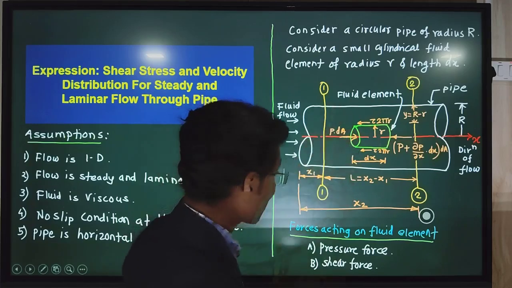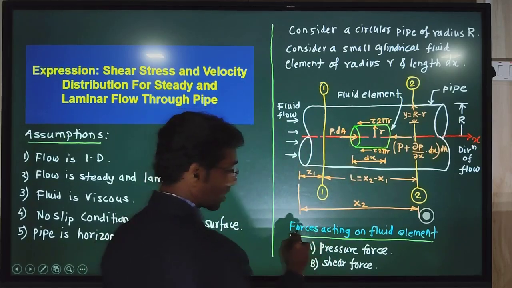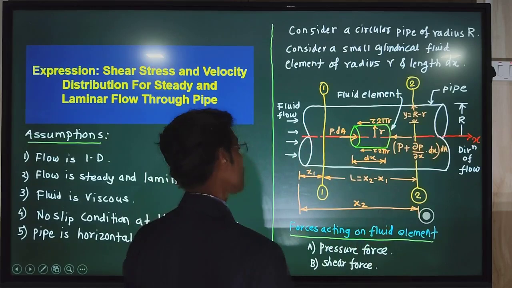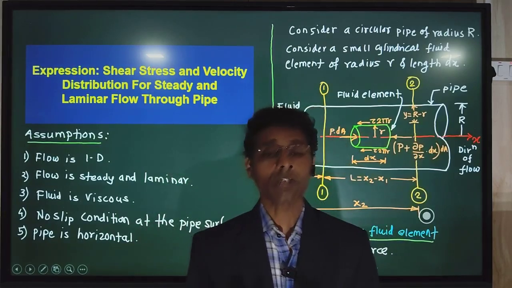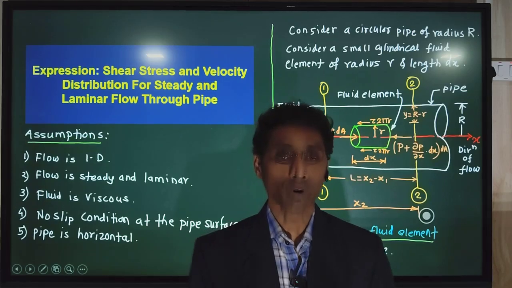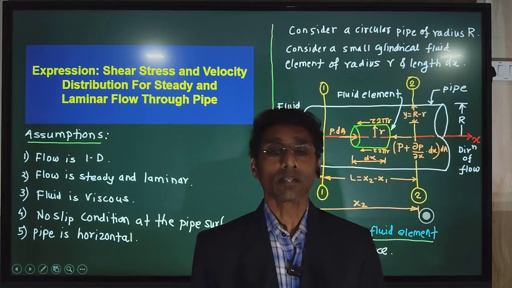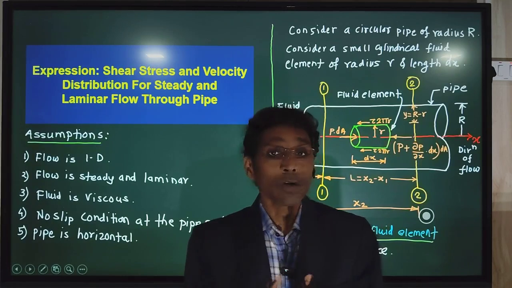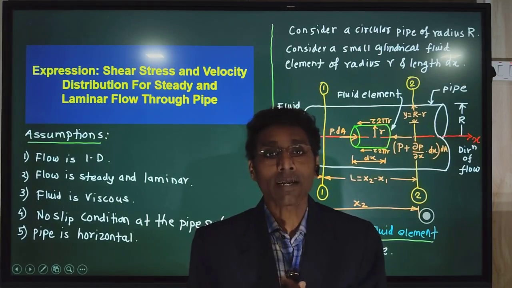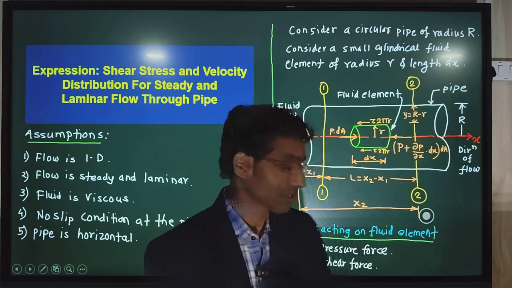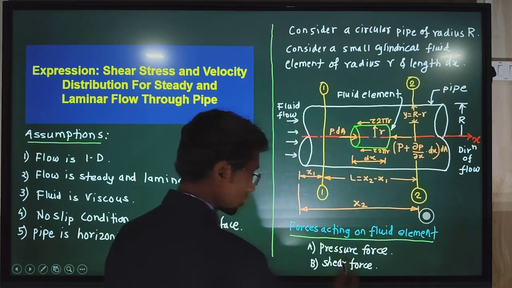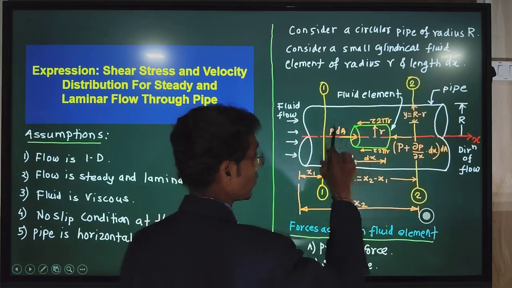Now in this diagram, we consider the forces which are acting on the fluid element. As per the discussion in the fluid dynamics module, we consider Euler's equation, where the forces acting on the fluid element are pressure forces and shear forces. So there are two forces acting.